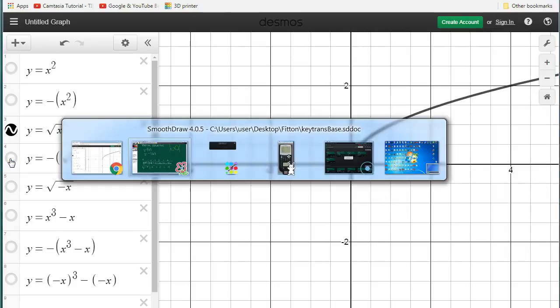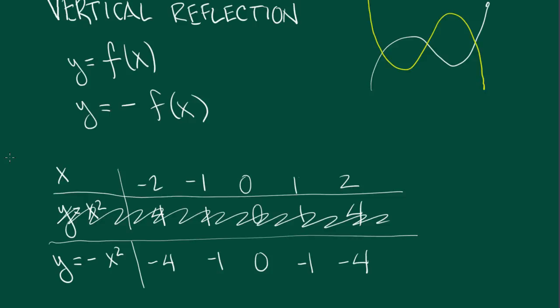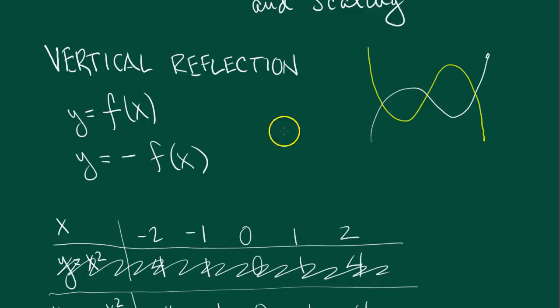Okay. So, observe also that what causes this vertical reflection is a multiplier outside the parentheses.